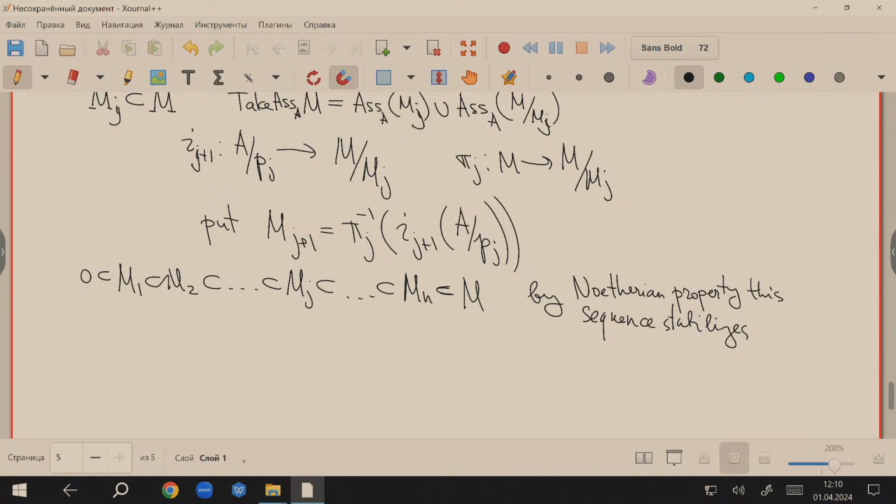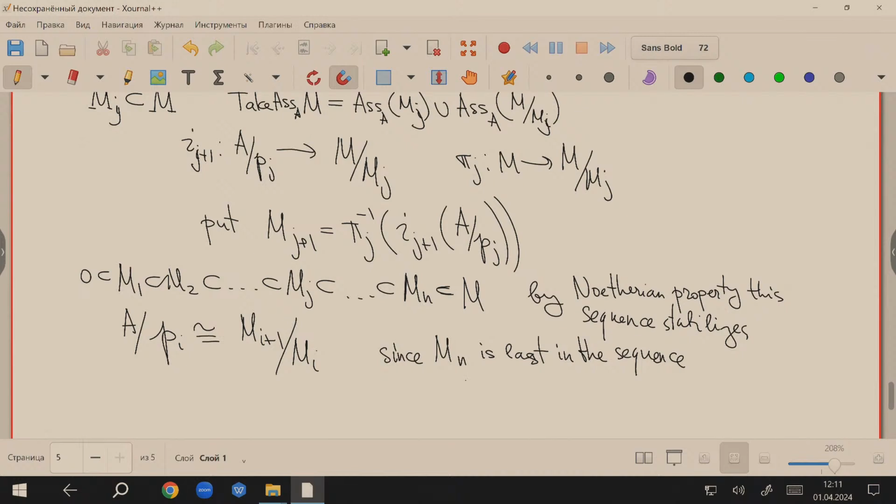So we have the property that A mod Pi is isomorphic to Mi+1 modulo Mi. And also, since Mn is last in the sequence, the set of associated divisors of M modulo Mn is empty.